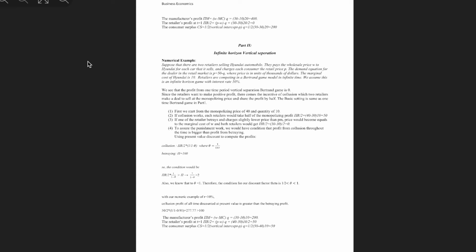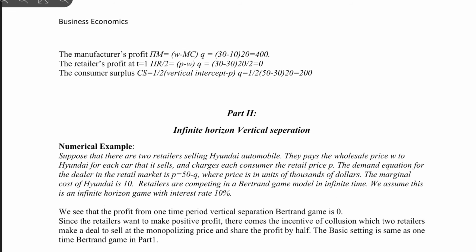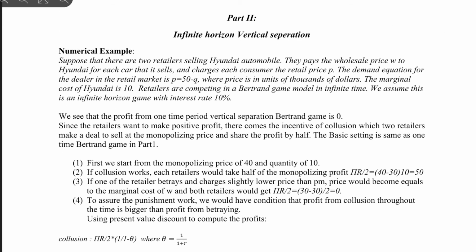So part 1 is all about what we just talked about, and let's move on to part 2, infinite horizon vertical separation. We're going to look at one more numerical example with infinite horizon vertical separation. Suppose that there are two retailers selling Hyundai automobiles.